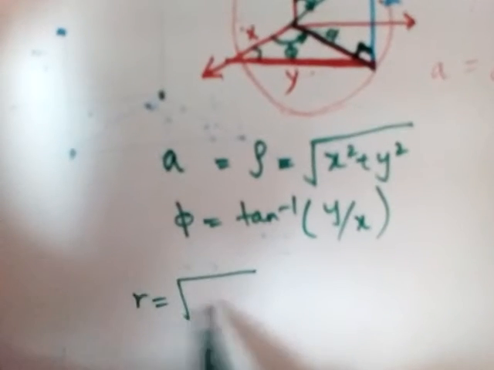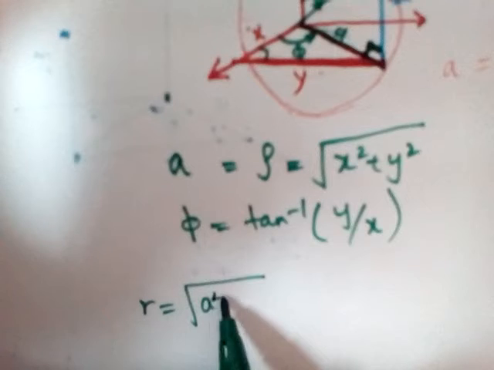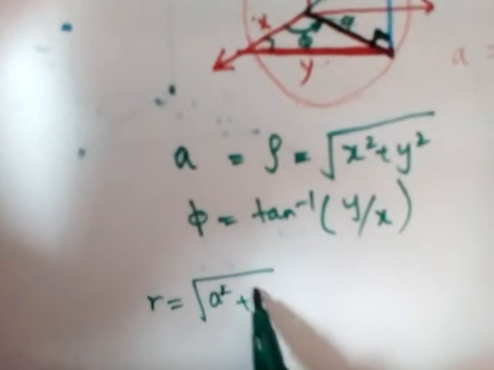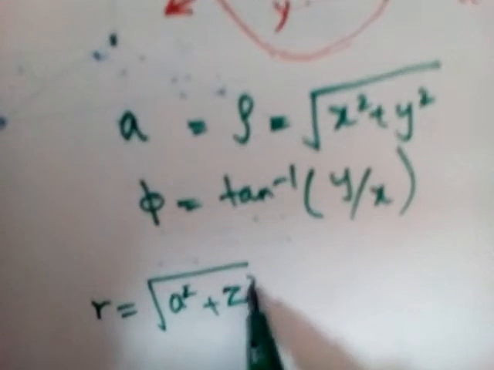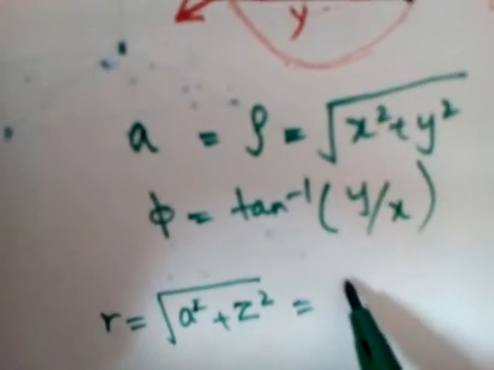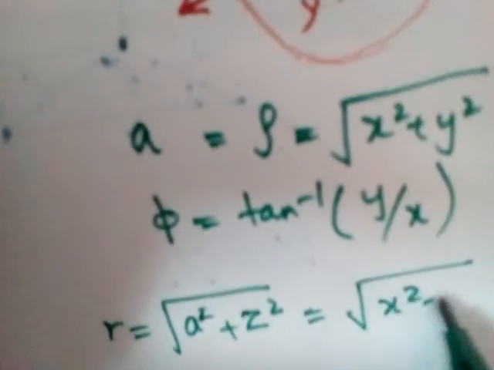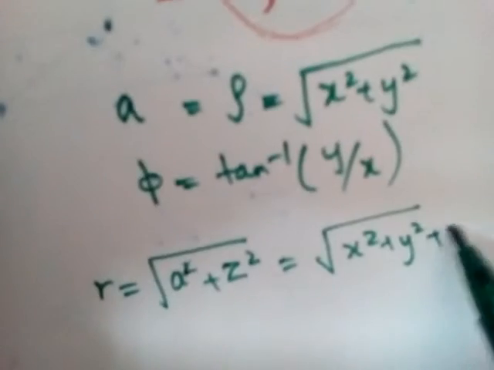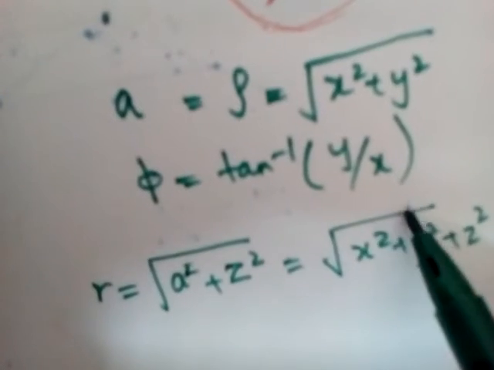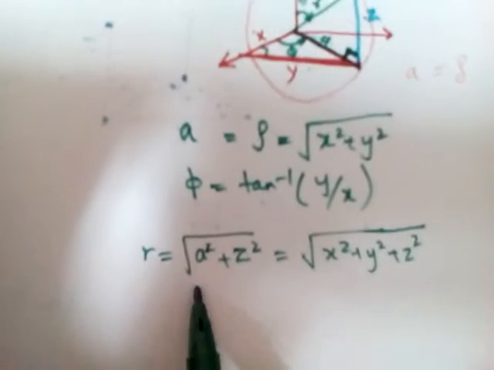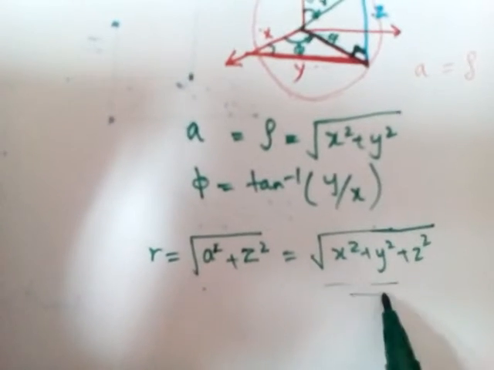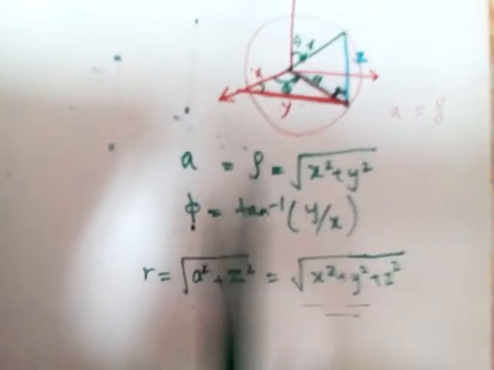So r is equal to under root a square plus z square. That's going to be under root x squared plus y squared plus z squared. Okay, so now we have r, that's this, we have phi, and what's left?